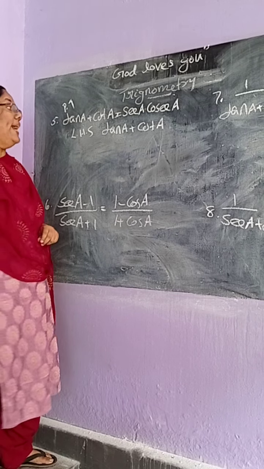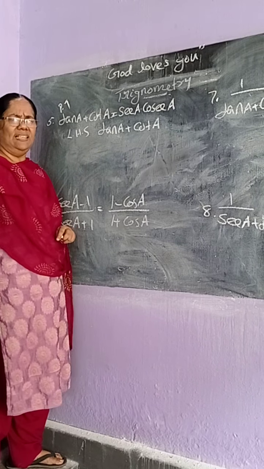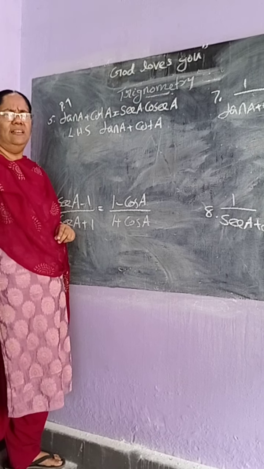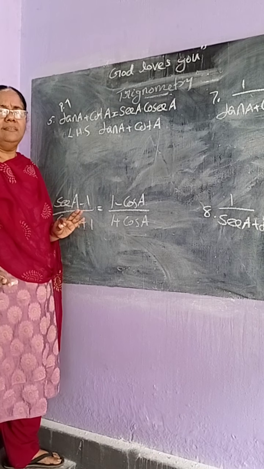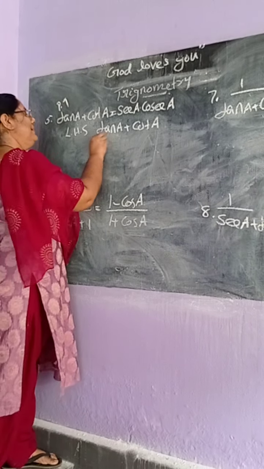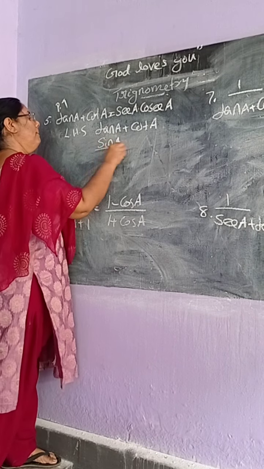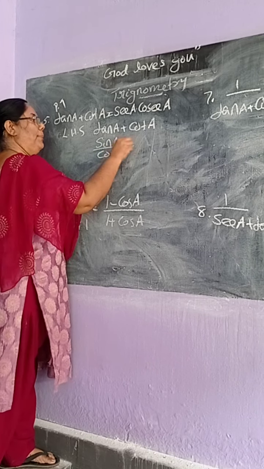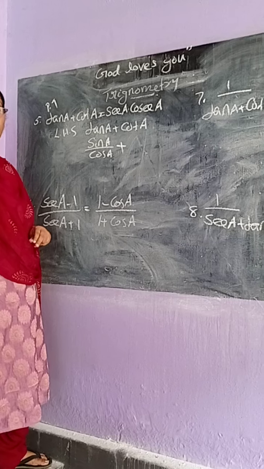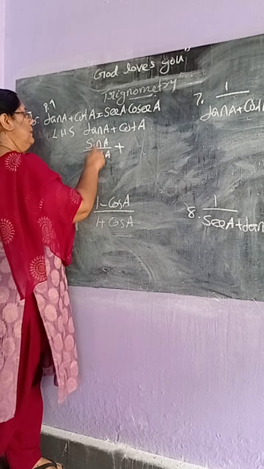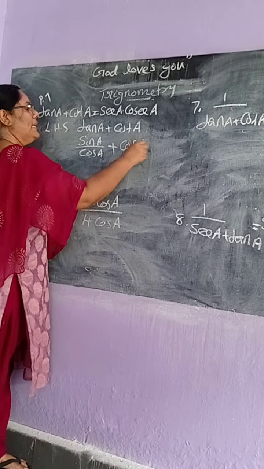Then what is tan A? Say the answer. Tan A means sin A by cos A, plus. And what is cot A? Cot A is the reciprocal of tan A. Therefore, take the reverse, cos A by sin A.